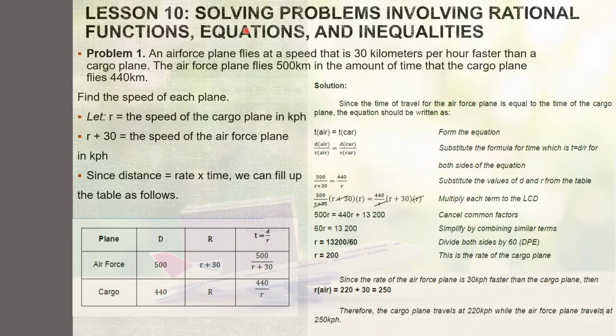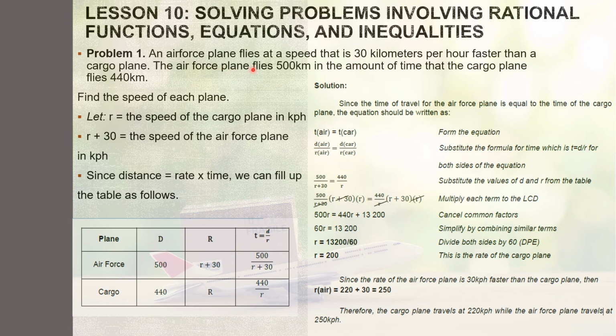So, we have two kinds of planes: the Air Force plane and the cargo plane. It says here that the Air Force plane is faster, 30 kilometers per hour faster than the cargo plane.